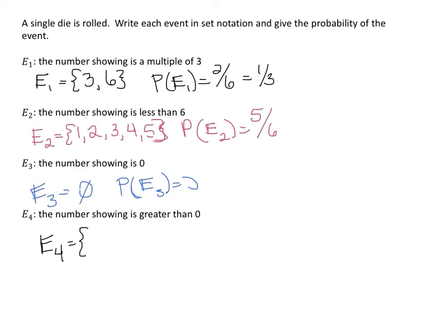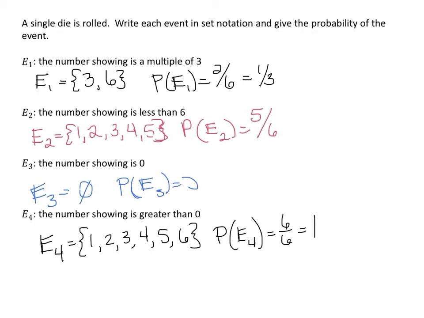So again, we can list out each possibility. Well, it could be a 1, or a 2, or a 3, or a 4, or a 5, or a 6, which means the probability of event 4 is 6 out of 6, which gives it a probability of 1. You are guaranteed to have a number showing on a die greater than 0.